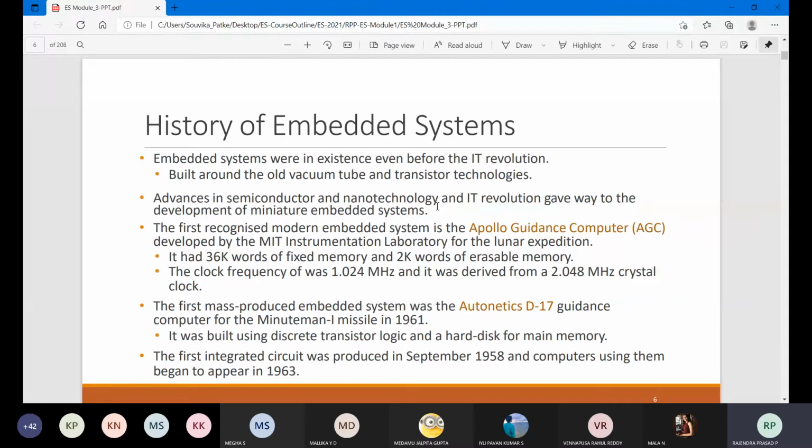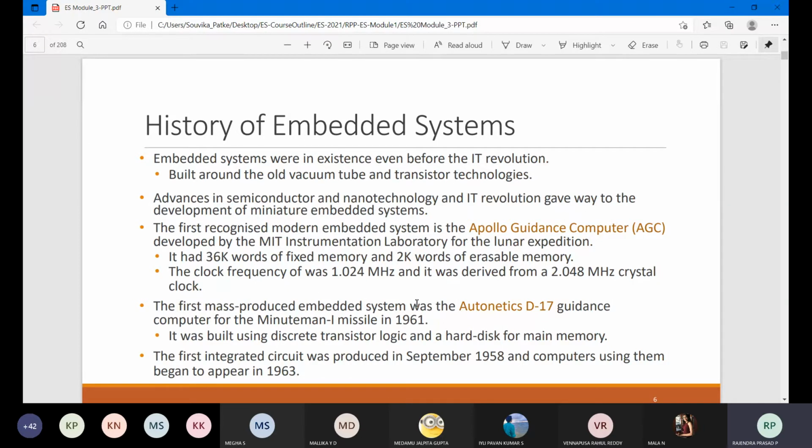Okay. So embedded systems were in existence even before the IT revolution, built around old vacuum tube and transistor technology. The first recognized modern embedded system is the Apollo guidance computer. Developed by MIT, it had 36 kilowords of fixed memory and 2K words of erasable memory.